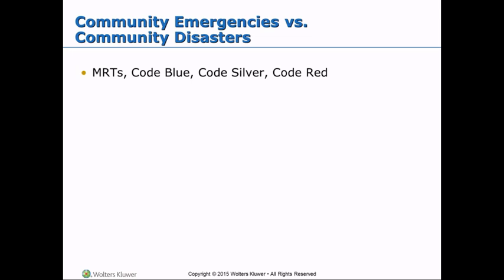But in every case, these are controlled emergencies, emergencies that have been anticipated and guidelines established to improve the outcome of the situation, whether it be to de-escalate an anxious family member, exterminate a fire, or revive a patient. In the community setting, emergencies occur that are both predictable and unpredictable.